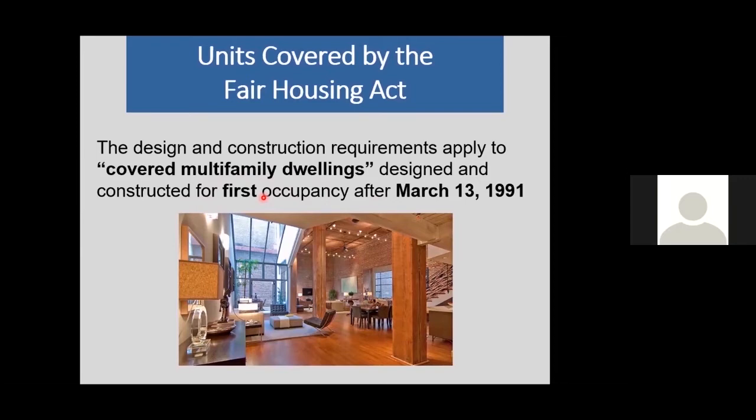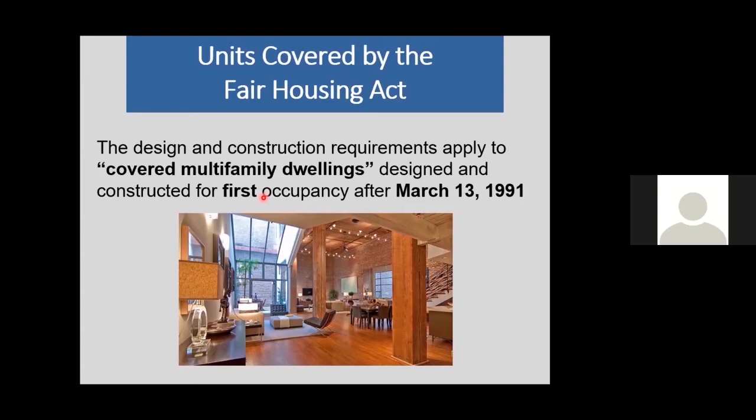I stress here that the design requirements apply to multifamily dwellings built for first occupancy after March 13th of 1991. If a building existed before March 13th of 1991, it would not have been subject to these design requirements when it was first constructed. Or if a building is first constructed before 1991, but it undergoes renovations after 1991, the Fair Housing Act does not have a section that requires compliance in alterations of existing buildings.